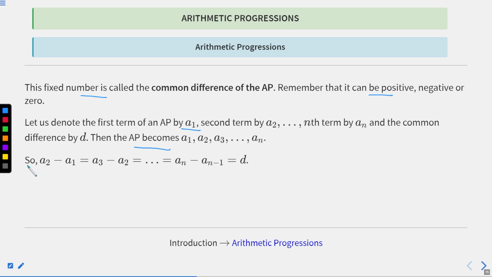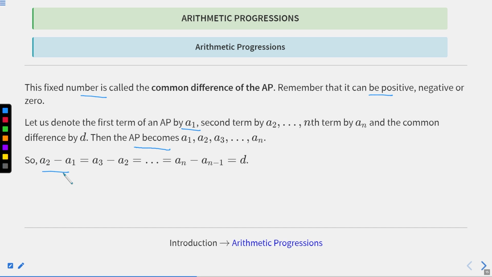So A2 minus A1 is equal to A3 minus A2, which is equal to A4 minus A3, and so on up to AN minus A(N-1). And this is the common difference of the AP.